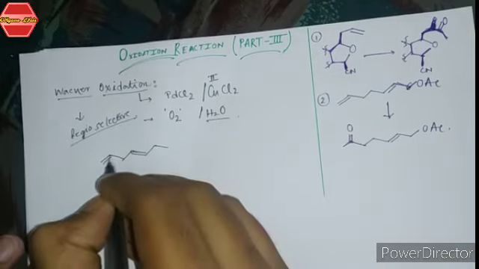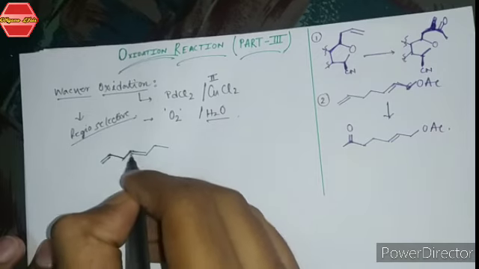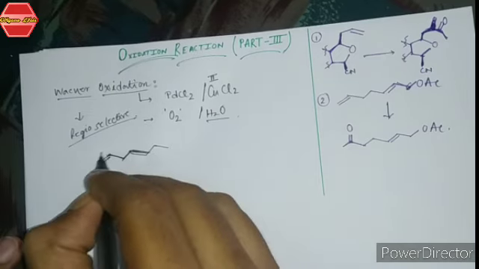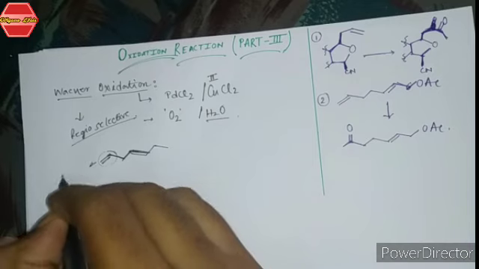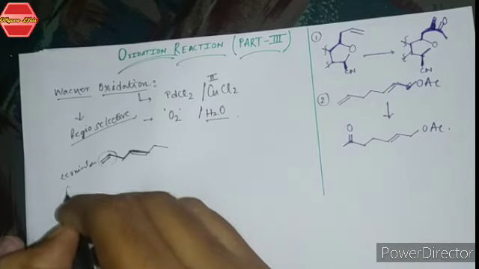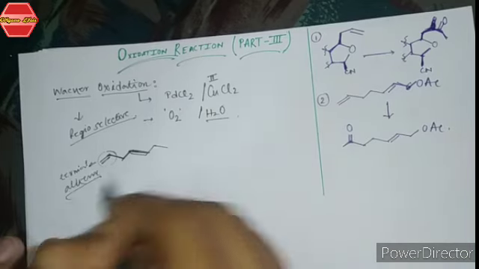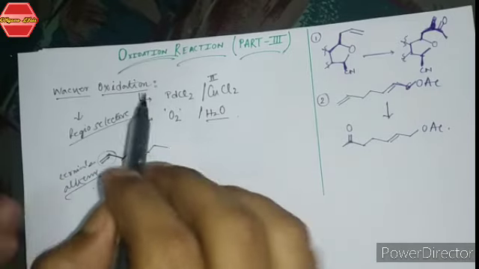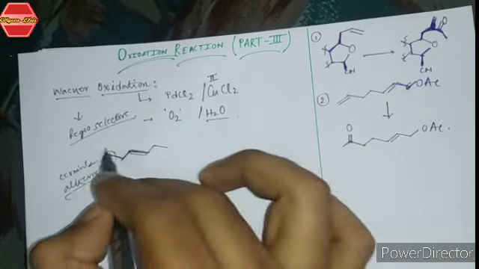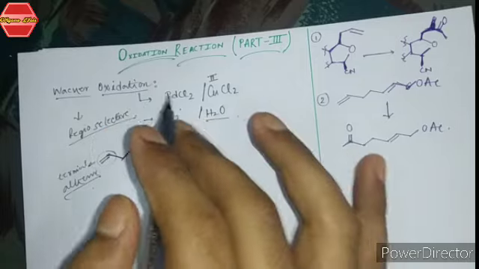Terminal means the end, one end. So this is called the terminal alkene. So Wacker oxidation selectively oxidizes this terminal alkene to methyl ketone.